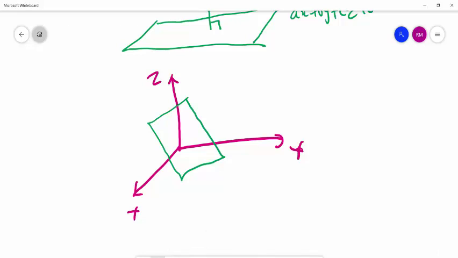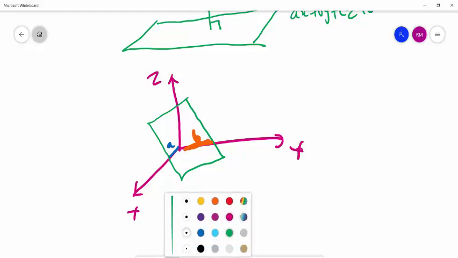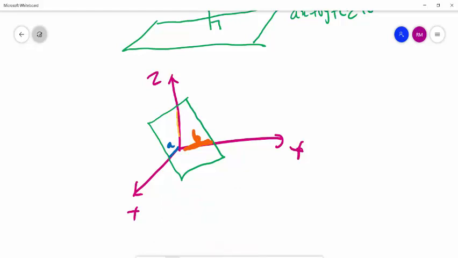Suppose this distance is say a, this distance is say b, and this distance is say c.